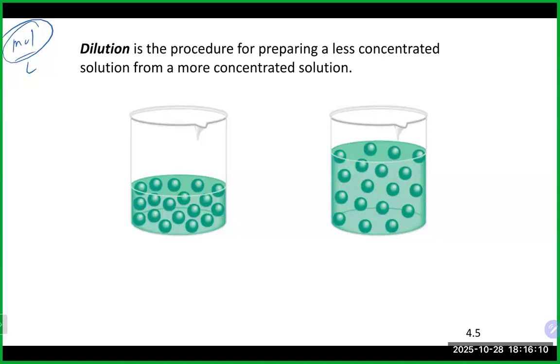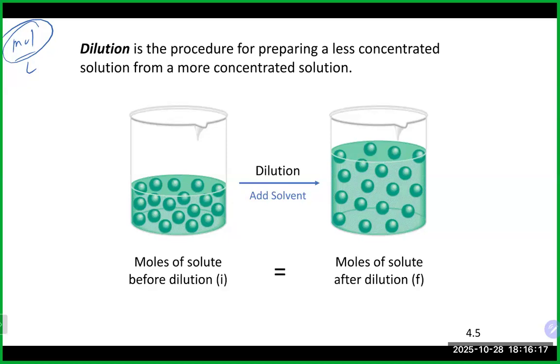So we do a process known as dilution, and in a process of dilution, we basically add more solvent to your solution. What that means is the moles of the solute before you do dilution should be the same as the moles of solute after you do the dilution. You're just adding more solvent.